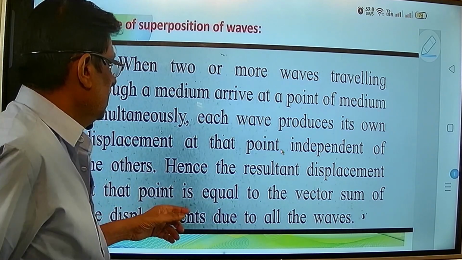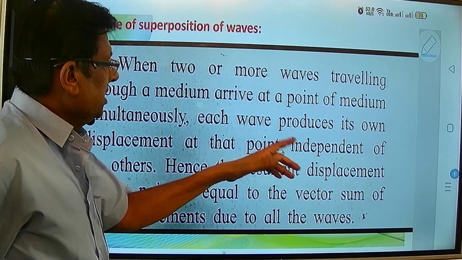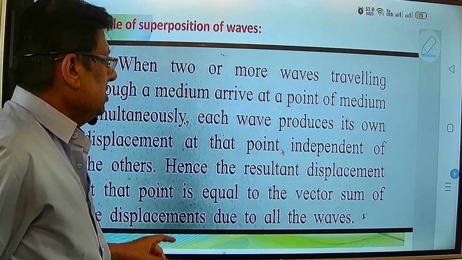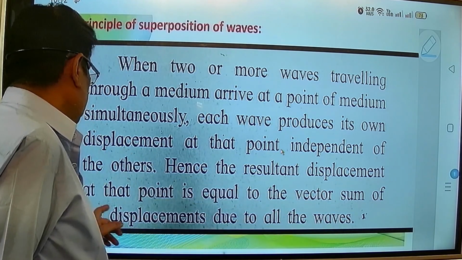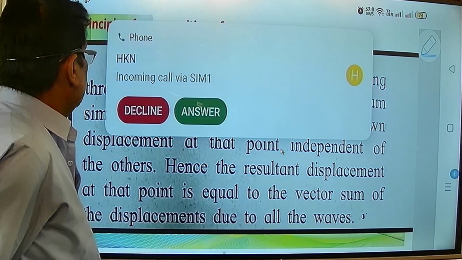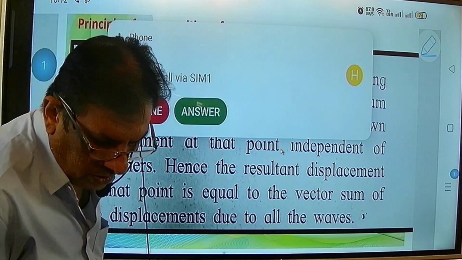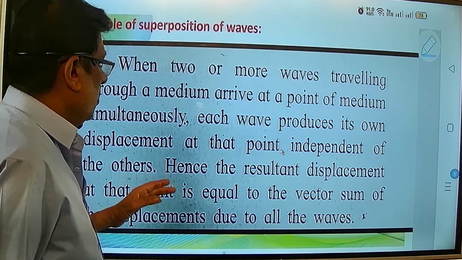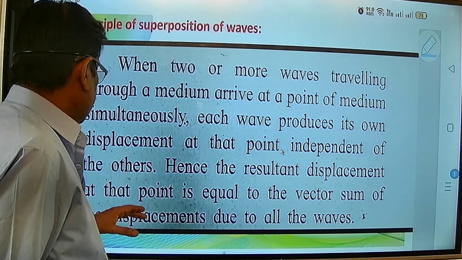Hence, the resultant displacement at that point is equal to the vector sum of the displacements due to all the waves.